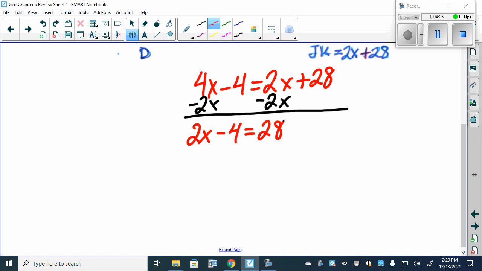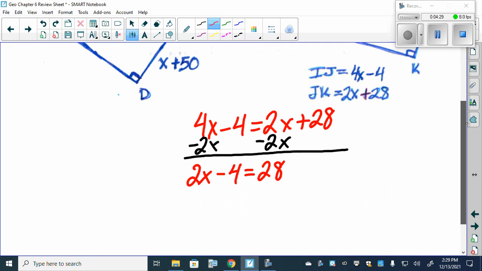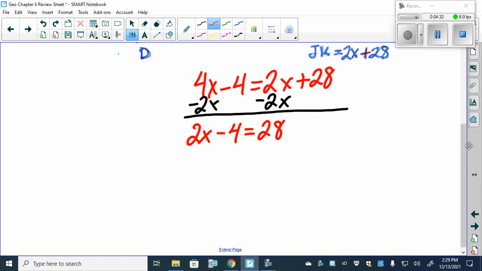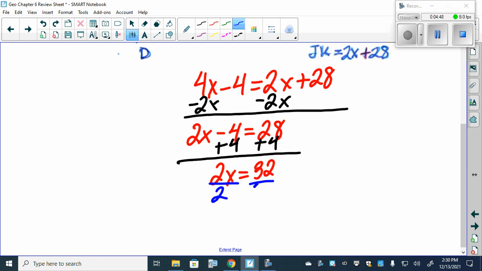Number 6. Now the next thing we can do is add 4 to both sides, telling us that 2x is equal to 32. At this point here, we can divide both sides by 2, telling us x is equal to 16.